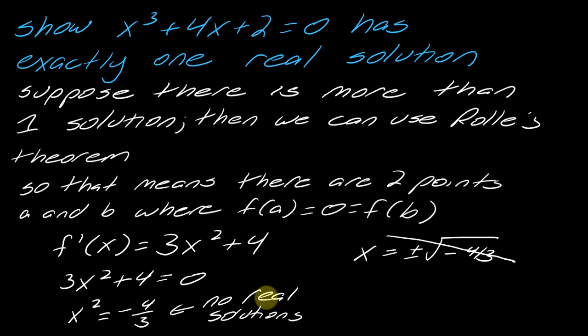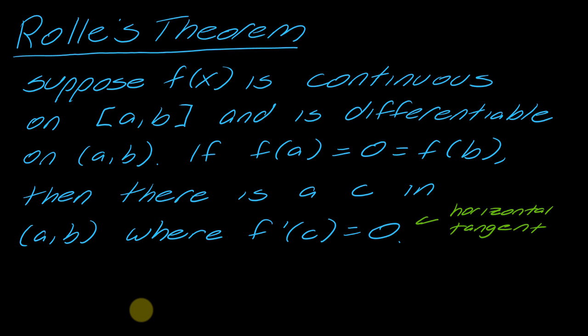So what I'm saying is this doesn't work, which means, if you go back to what Rolle's theorem said, the whole thing about a theorem is that it has to work. It's not like I can say, oh, I found a case where Rolle's theorem doesn't work. It's a theorem. It has to work.